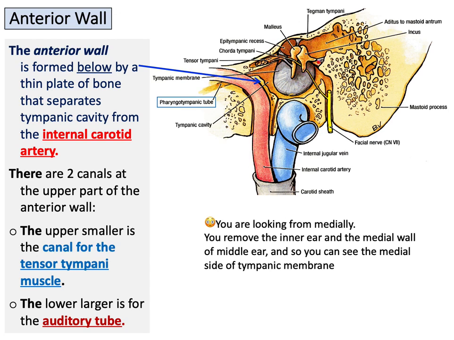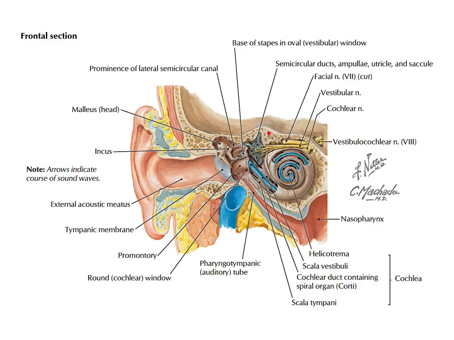The auricle should be on the screen, on the other side of the screen, and that's lateral, so this is medial. You are looking medially, from here, but the internal ear and these structures are removed, so you can see the internal surface of the eardrum.